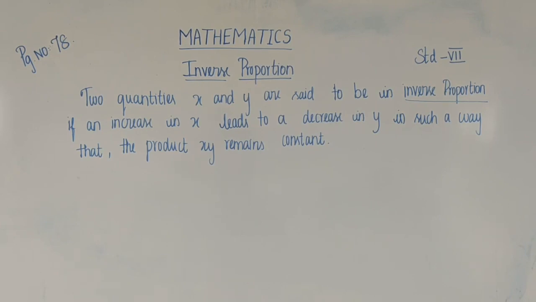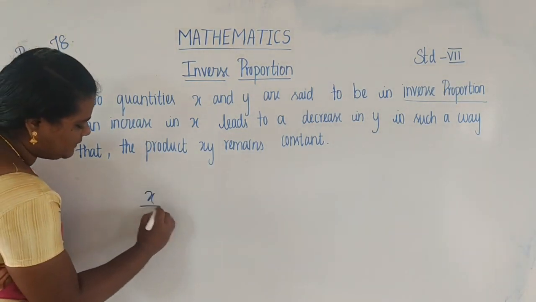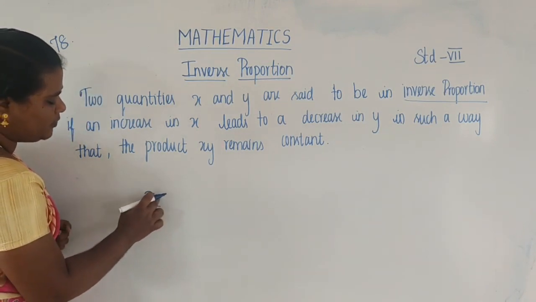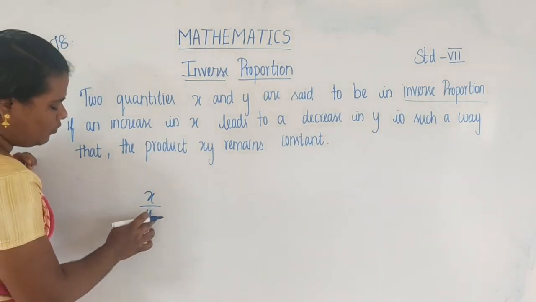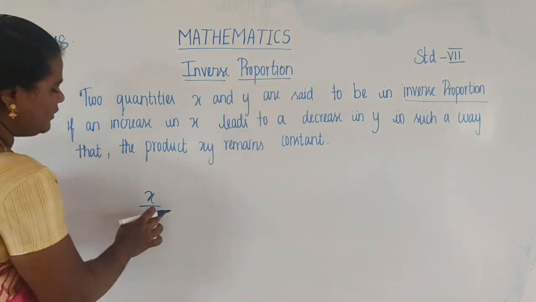So now to learn about inverse proportion. What is direct proportion and what is inverse proportion? In direct proportion, for x and y, when the numerator increases or decreases, y also increases or decreases.